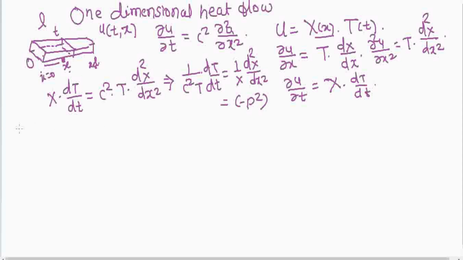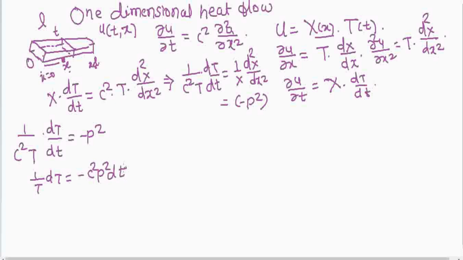Then we have two separate equations. 1 by c square T into dT by dt equal to minus p square, so 1 by T into dT equal to minus c square p square into dt, and integration of this gives log of T equal to minus c square p square into t plus an integrating constant, suppose log of c1.